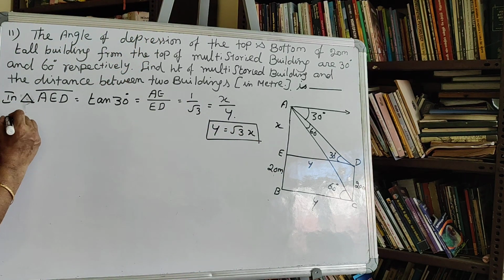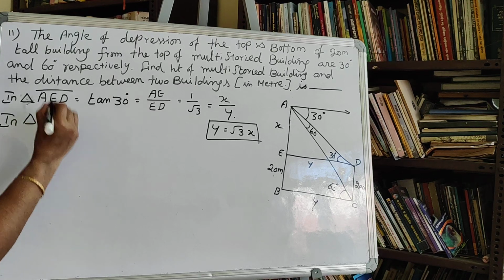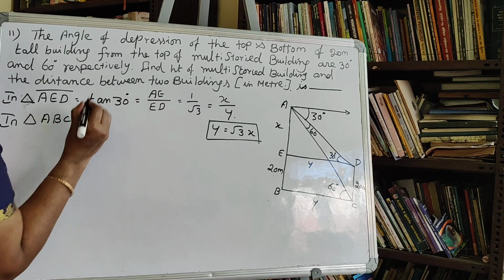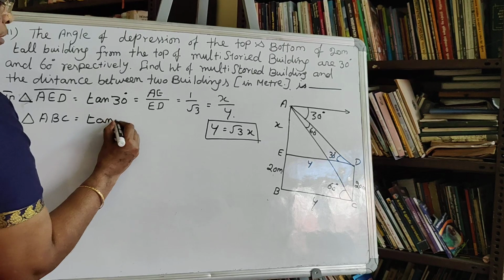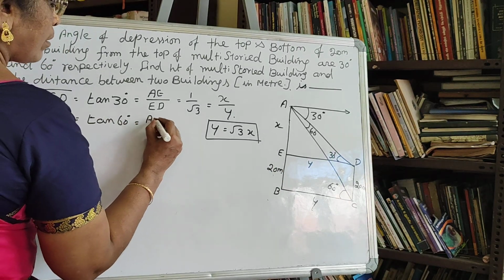Then next one is in triangle ABC, tan 60 degrees equals AB by BC.